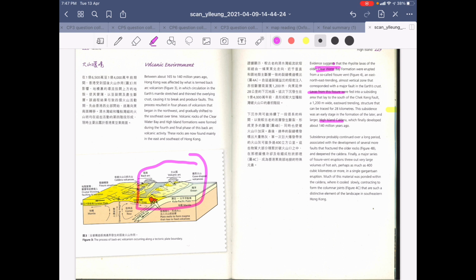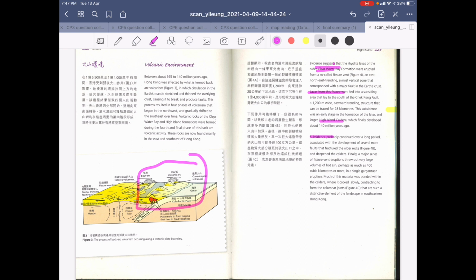Okay, and then afterwards, because the subsidence will take place after a long period of time, after not much lava is going to pump into the caldera, the volcanoes start to subside and form the remaining fissure vents.